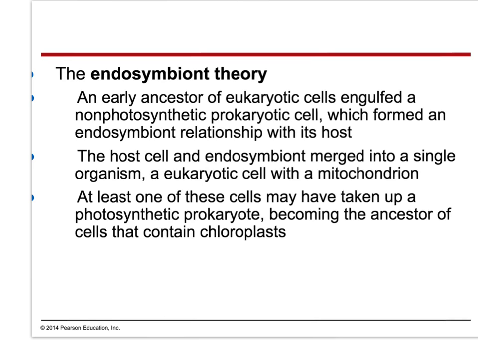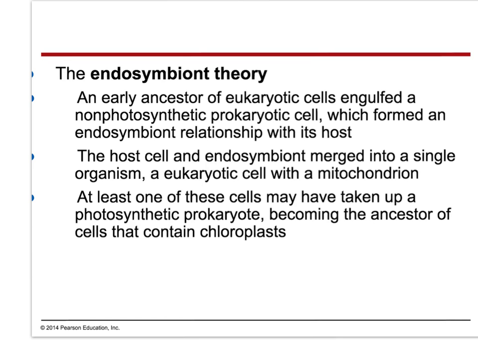So first, the mitochondria was engulfed, okay? And then second, somewhere down the line, you get the merging, you end up with the mitochondria, and then at least one of these cells may have taken up a photosynthetic prokaryotic cell.